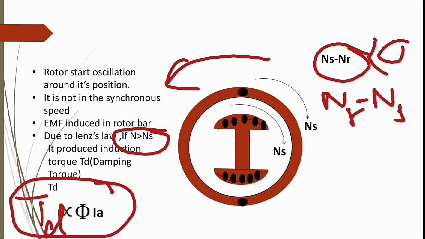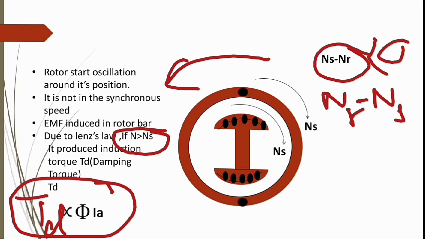In that case, because of Lenz law, we want to compensate the relative speed between the stator and rotor MMF. Due to this it produces the induction torque.